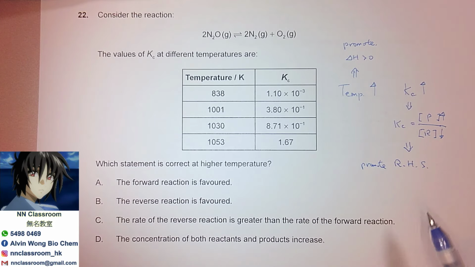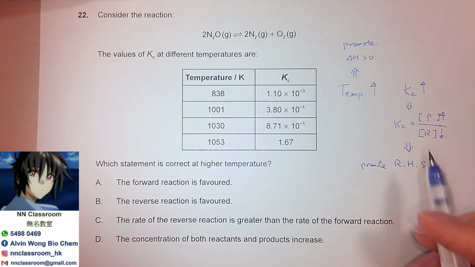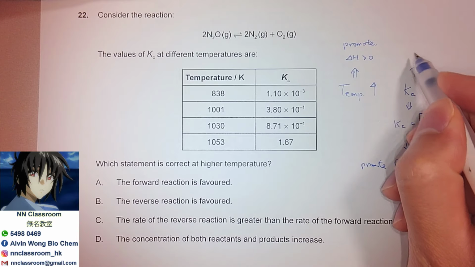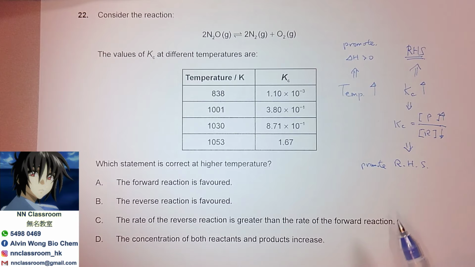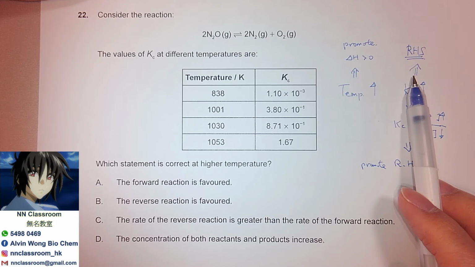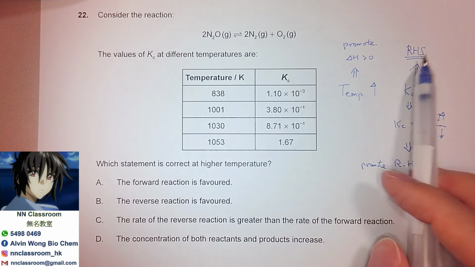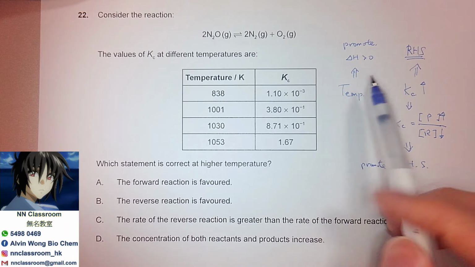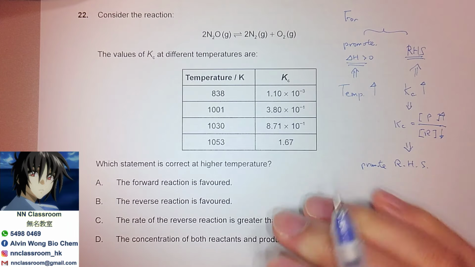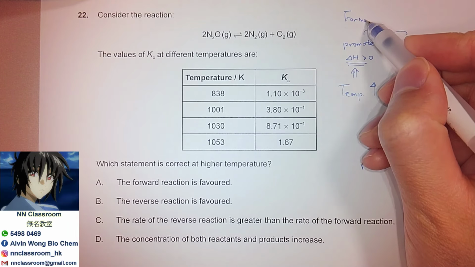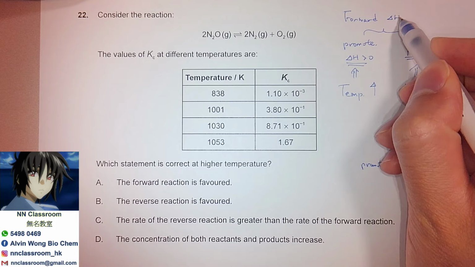Or I can say favor more about the right hand side. So the conclusion is, for this case, Kc increases, the right hand side is being promoted. So what we can conclude from this perspective is that the forward reaction, so right hand side, right? The forward reaction is going to be endothermic, right? So that's why forward, F-O-R-W-A-R-D, will be endothermic, right?